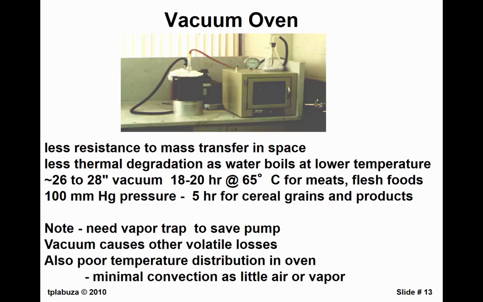So in a vacuum oven, you have less resistance to mass transfer, so it's better, and less thermal degradation because the water vaporizes off at lower temperature. Typically 26 to 28 inches of vacuum, 18 to 20 hours at 65 for meats and flesh foods, and about 5 hours for cereal grains and cereal products.